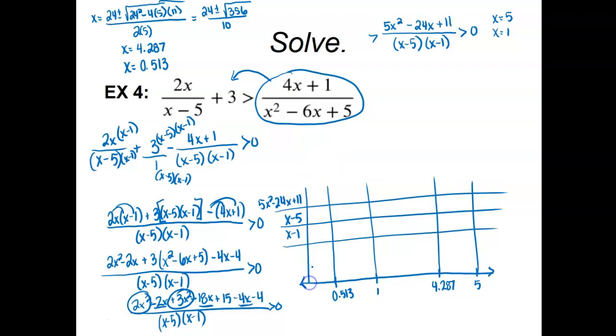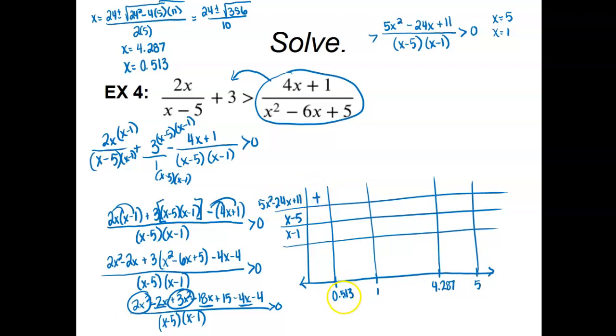Okay, so you are going to take some numbers and plug them into this equation. Now be careful with this quadratic because it's a little bit tougher. Please use your calculator if you get a problem like this. Don't try to do all of this by hand. So if we pick a number below 0.513, we could pick something like 0, which would be the easiest. And if you plug in 0 right here, you'll get 11, which is positive.